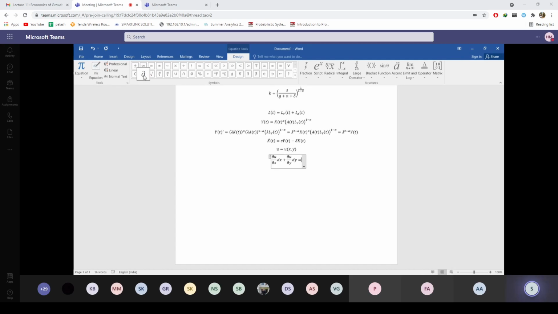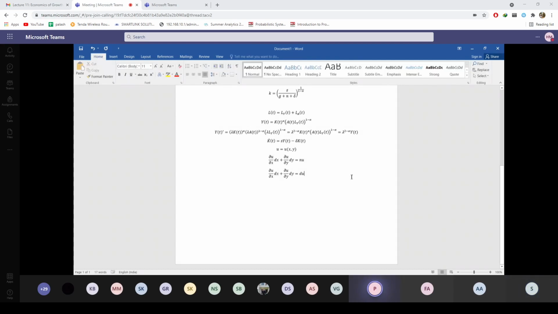You are saying this is equal to n into u. But according to me, this expression is also of a... No, sir. x into del u del x and y into del u del y. Okay, that means you are changing it to x, right? Yes, sir. Fine.